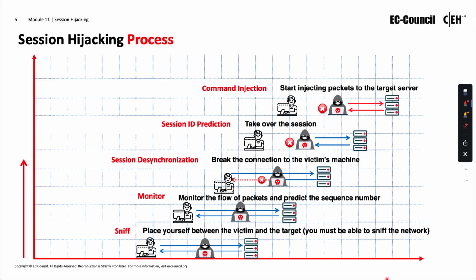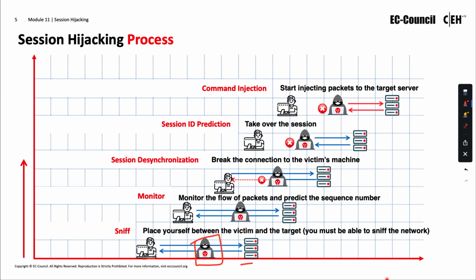All right, so let's look at it from the bottom up. So we're going to start with the bottom down here. And so what the attacker is going to do is they're going to place themselves in an area where they can monitor the traffic. So here's the attacker down here at the bottom, and they are able to look at the transactional traffic between their target over here and the server over there. Then the next thing he's going to do, he's going to monitor the flow of packets.